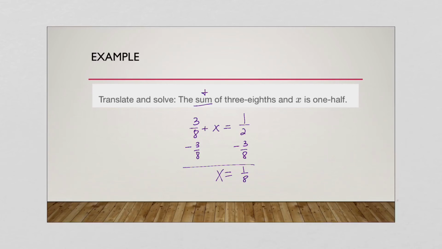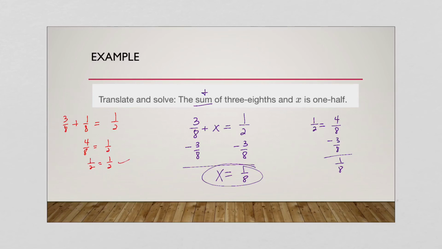And if you're doing this by hand, 1/2 is equal to 4/8. There you go, right there. All right, so now if I want to check my work, I would do 3/8 plus 1/8, is that equal to 1/2? So I get 4/8, and I get 1/2 equals 1/2, so that is true.